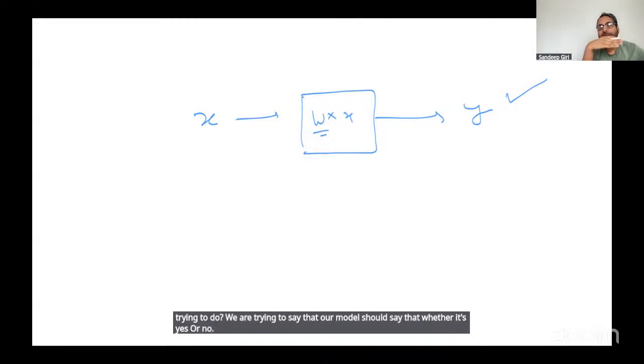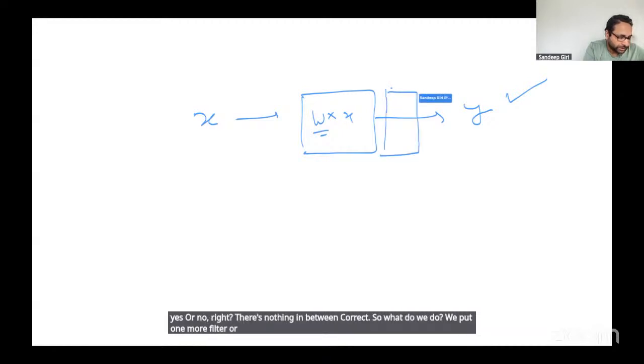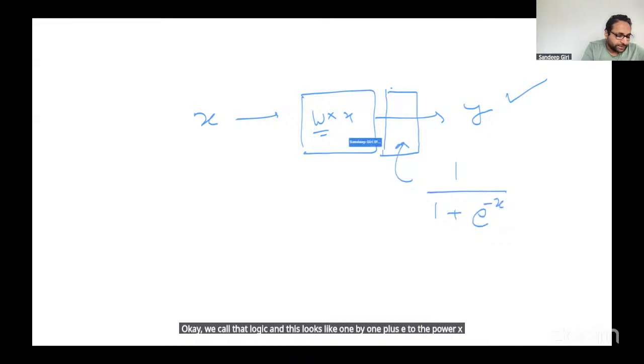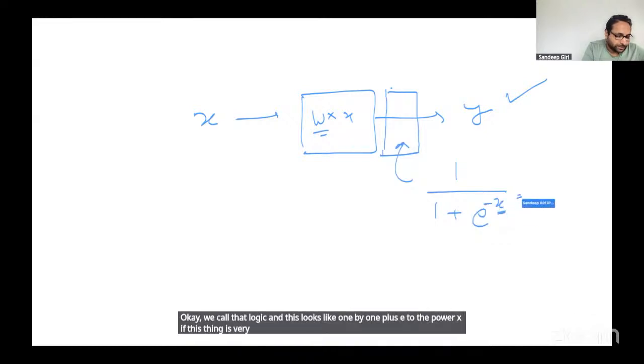There's nothing in between, correct? So we put one more transformation here. We call that logit, and this looks like 1 by 1 plus e to the power minus x.